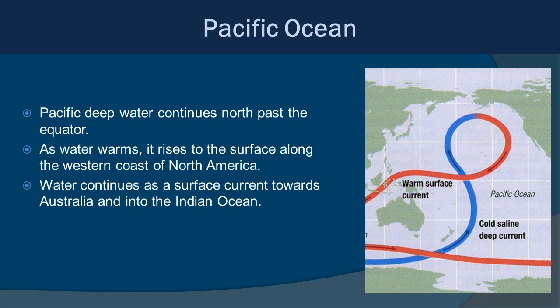Now let's go back from the Antarctic and follow the Pacific deep water as it heads towards the north. Once again, as the Pacific deep water continues past the equator, it's going to get warmer. And as that occurs, it's going to eventually emerge into the surface waters along the western coast of North America. From there, those warmer surface waters will continue towards Australia and into the Indian Ocean.